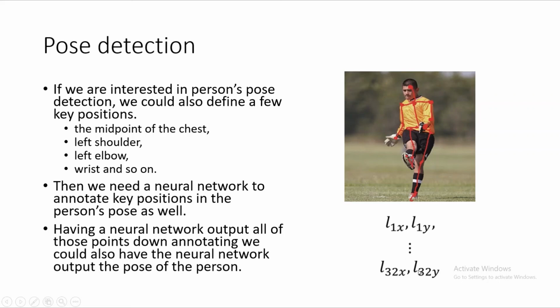If we use 32 coordinates to specify the pose of the person, we can use this to train our neural network, and then detect the person's pose using the convolutional neural network and these locations.